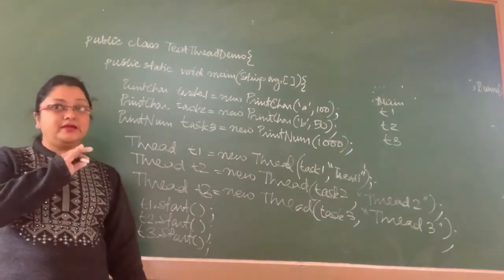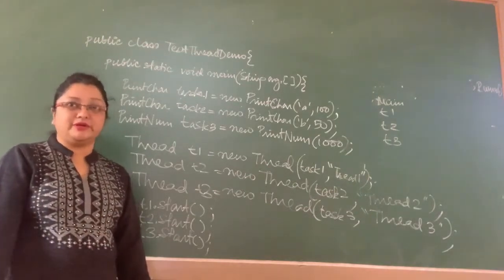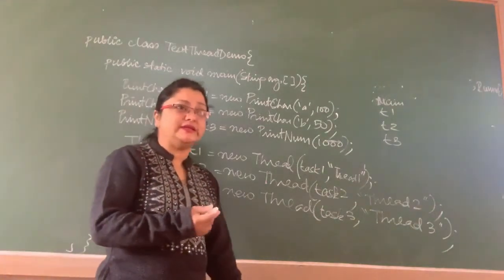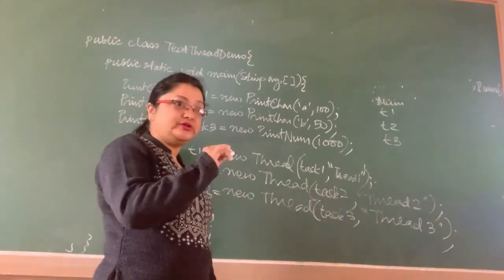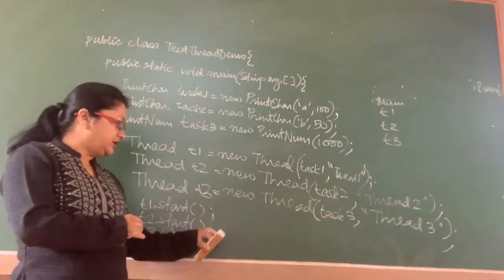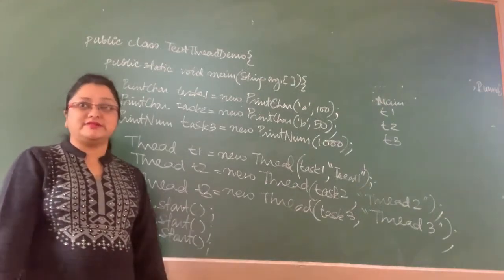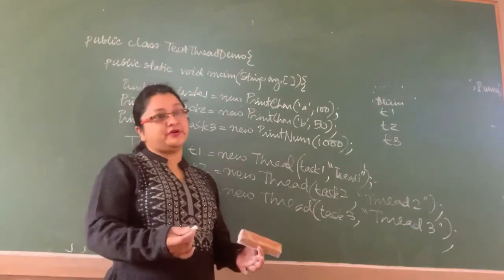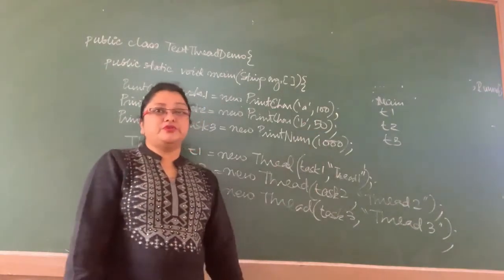It is not that main will be given priority or anything. Main will get the default priority only, like all of these. Default priority is an integer which takes values between 1 and 10, and the default priority is 5. So T1, T2, T3 all get the priority value 5, and main has the same priority. Since they have the same priority, they will be scheduled depending upon the scheduling algorithm working behind.